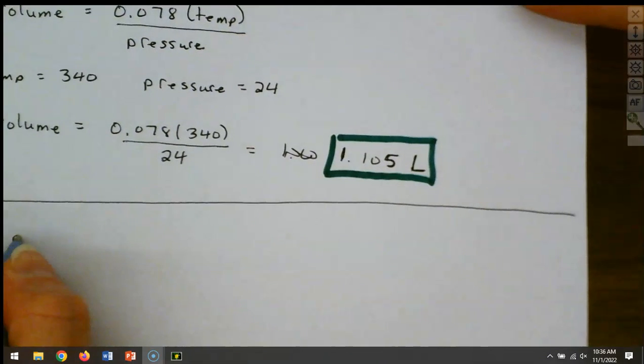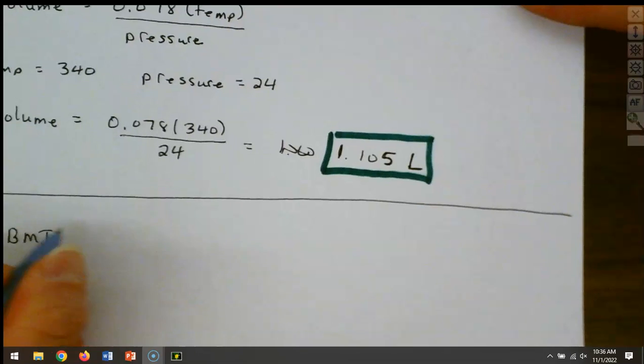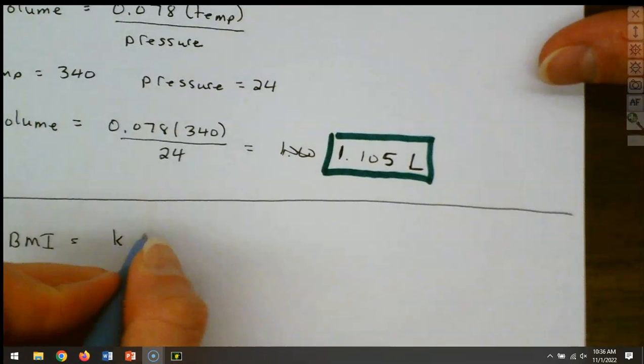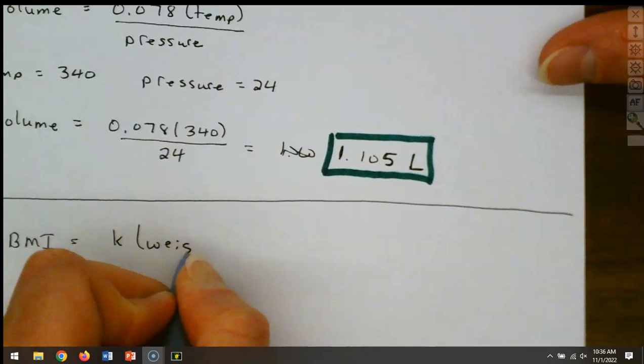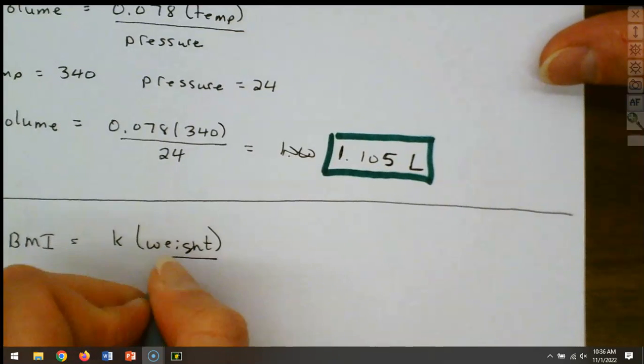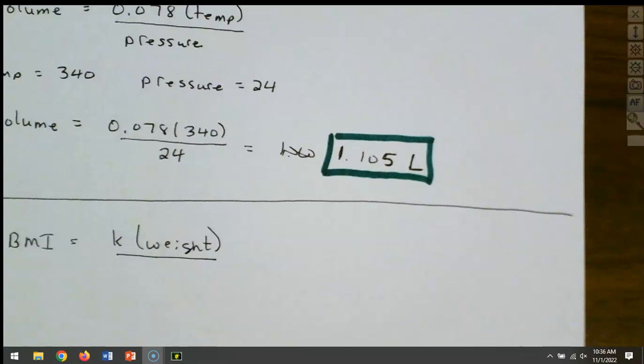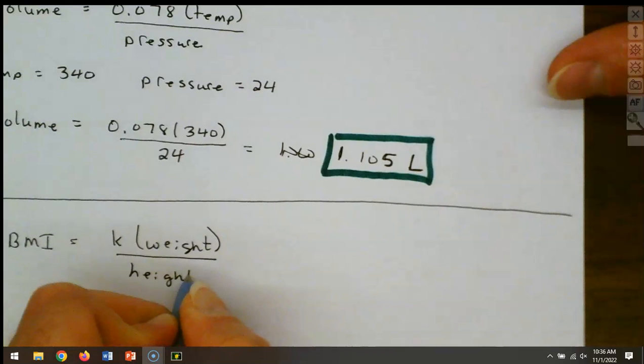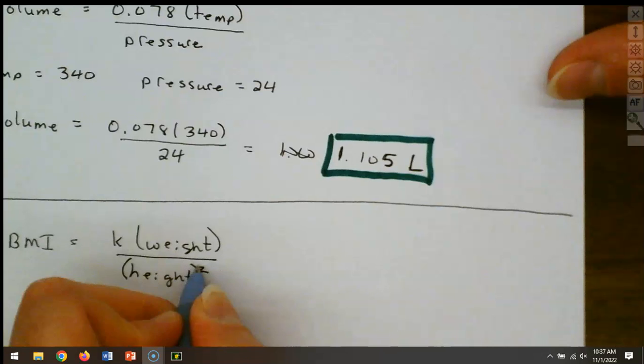BMI is going to vary directly to the weight, right? So K times the weight. Inversely proportional to the square of his height. So we've got to square that height there.